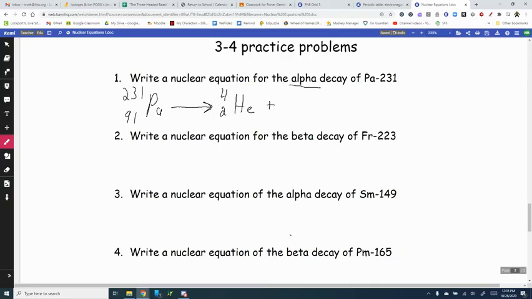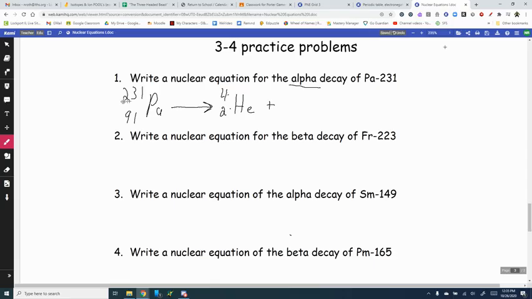So the way we figure that out is in order to make the helium, we have to have 2 protons and 2 neutrons leave the Pa. So what that's going to do is decrease the atomic number by 2 and decrease the mass number by 4, which is where we get these numbers from.